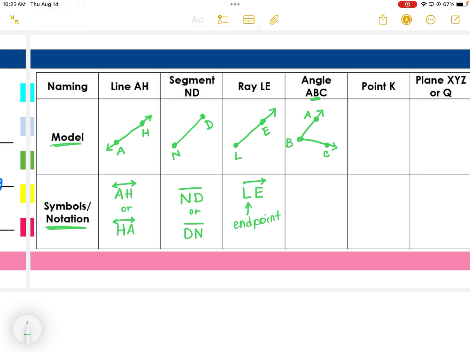I can call this angle ABC, or I can call it angle CBA. I can't use any other order of those letters. I can also just call it angle B. So it can be named just after the vertex. The vertex is super important.